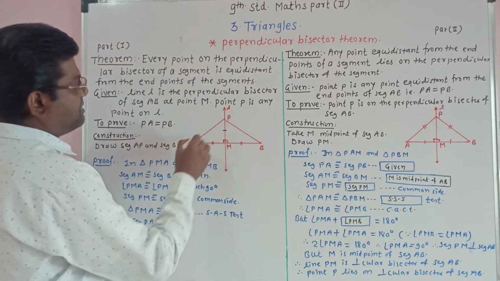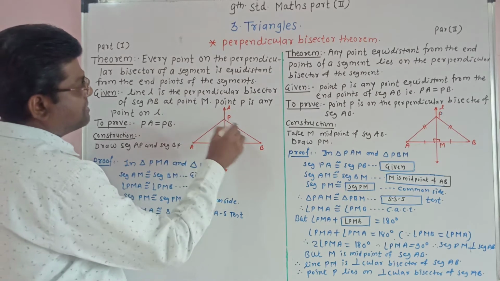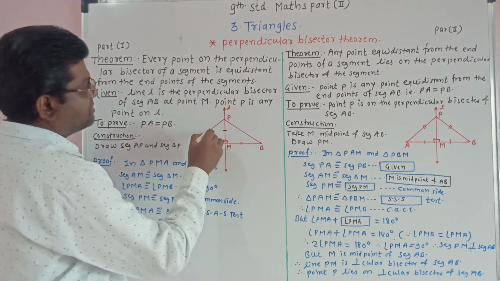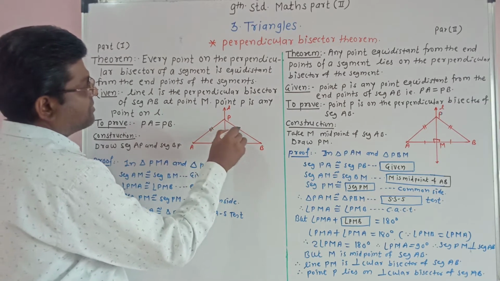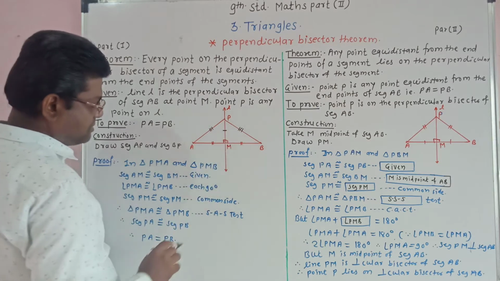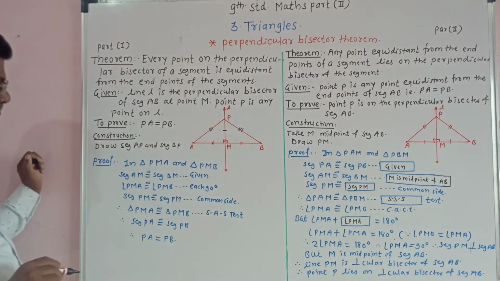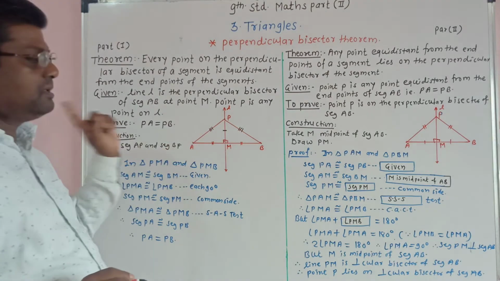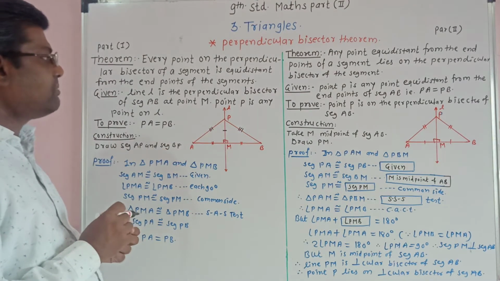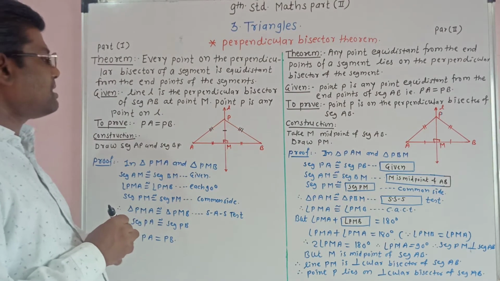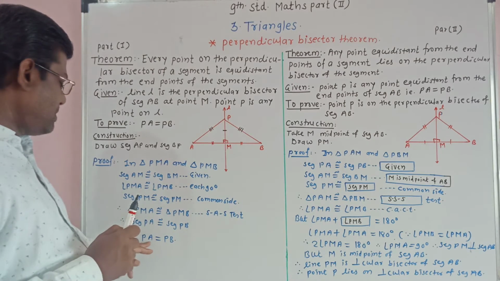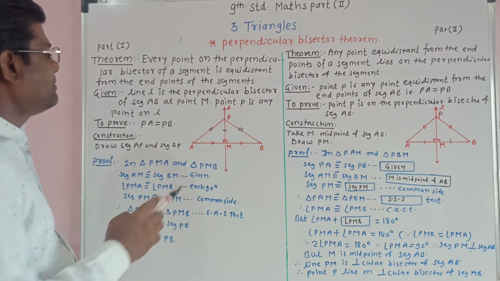Therefore segment PA is congruent to segment PB. These two segments are congruent. This is due to the corresponding sides of the congruent triangles. Therefore PA is equal to PB.